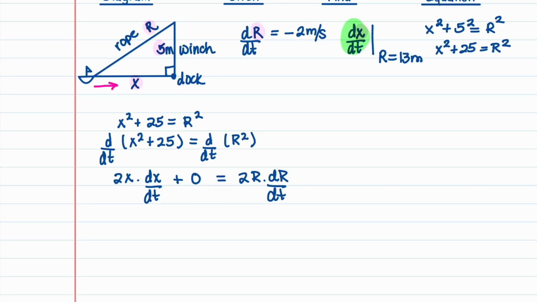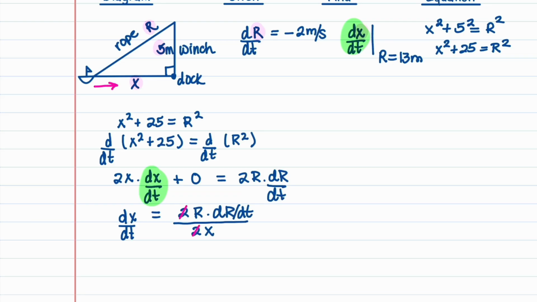We want to find dx/dt, so we're going to solve for that. So we have dx/dt is equal to 2R times dr/dt, all divided by 2x.